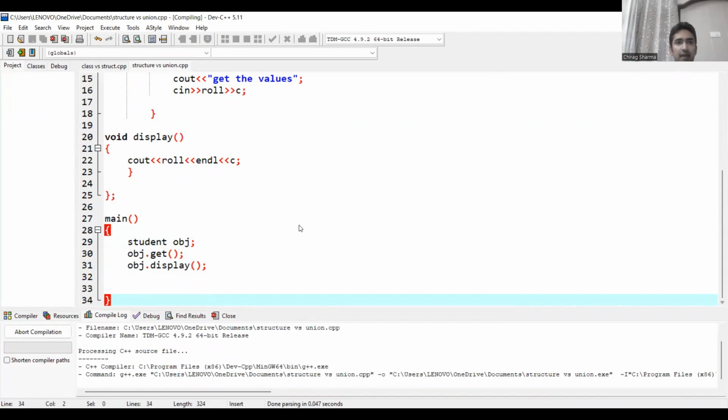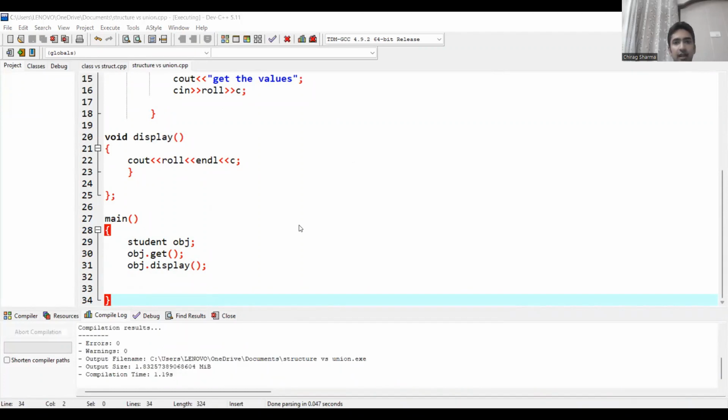If I'm executing, see over here, in execution they are asking me the value. Roll number is 100 and value is C. So the answer is 100 and C. That's what we have got.